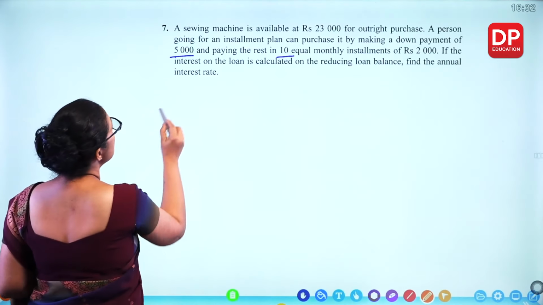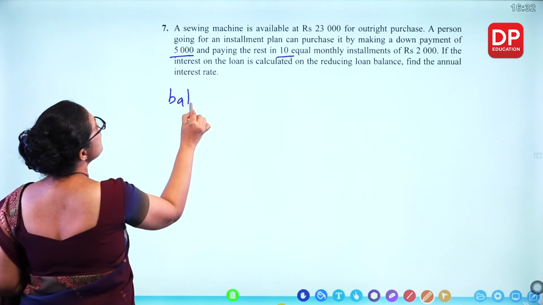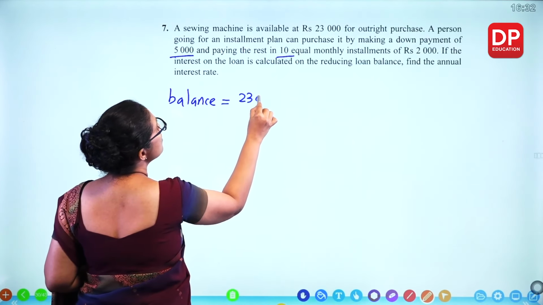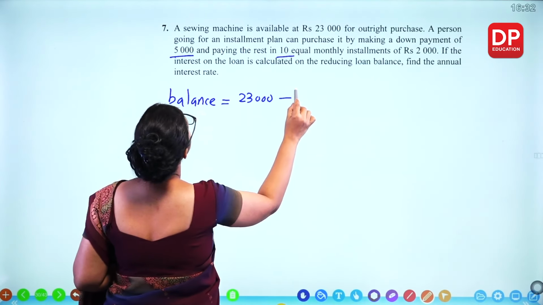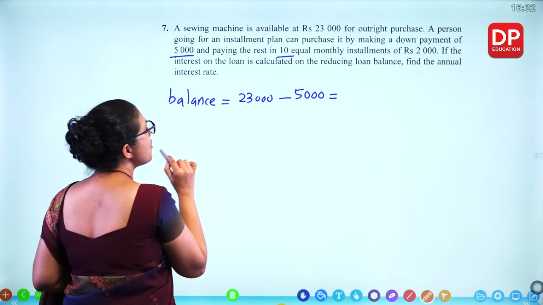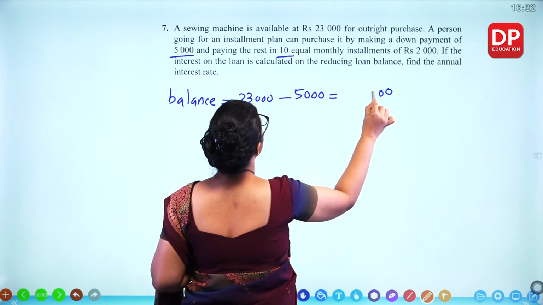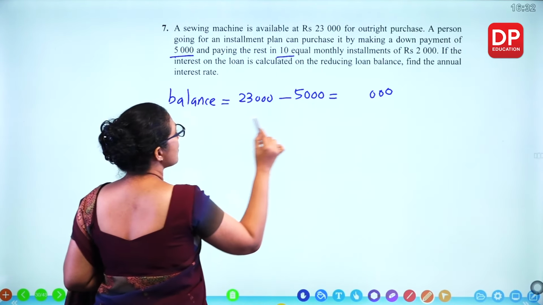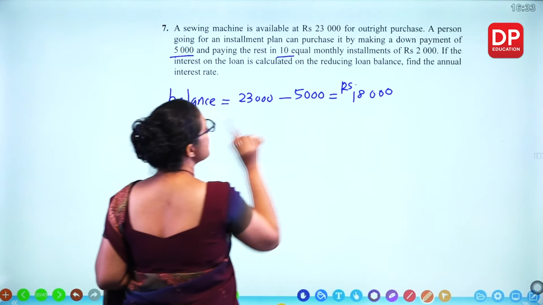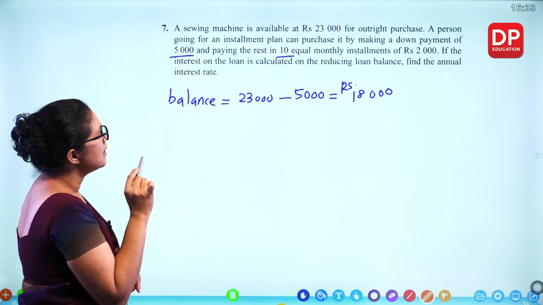So what's the balance after paying the down payment? 23,000 is the total. 5,000 is the down payment. So when you subtract, you get 18,000 rupees. That's the balance.